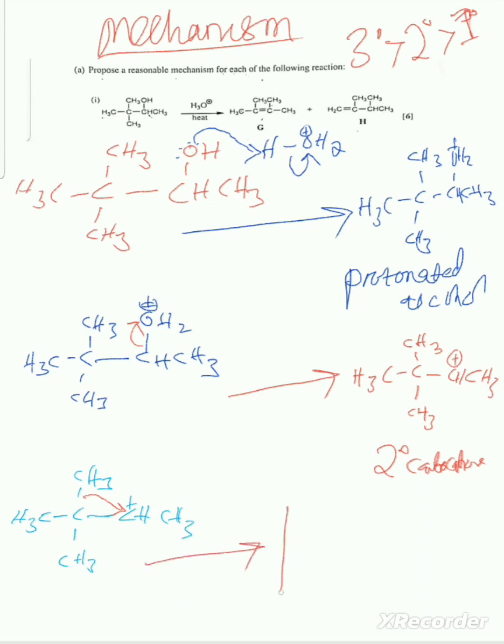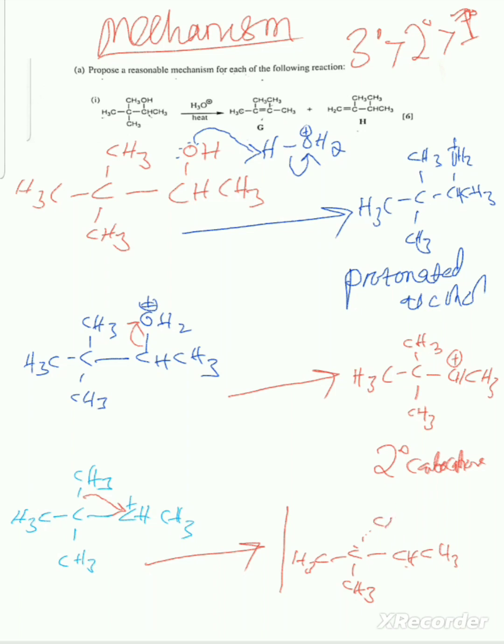So I'm going to write this to show that this is a transitional state where now it's changing. So here it will be CH3, then here C, then CH3, then here CH3. So I'm going to show that here there is a CH3, then here it is changing.